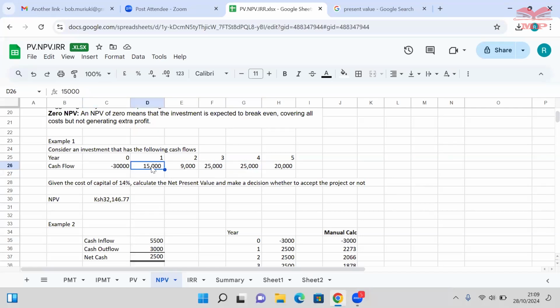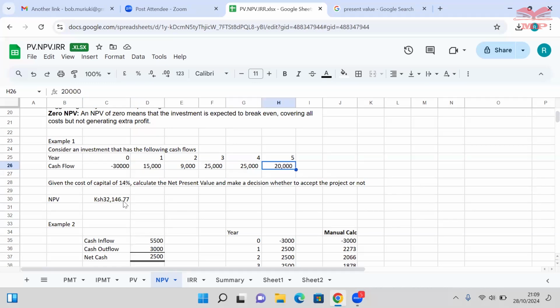And the amount that you put here when you're working out the net present value is the net, like the name suggests. It is the difference between the outflows and the inflows, or income and expenses. So what you get as the net cash or the net income is what you will use here. So when we say cash flow, it is the net amount.